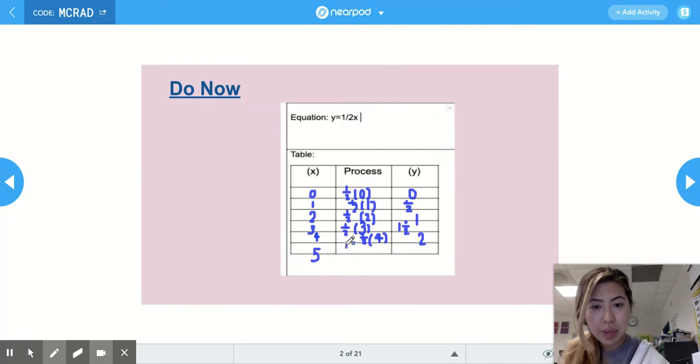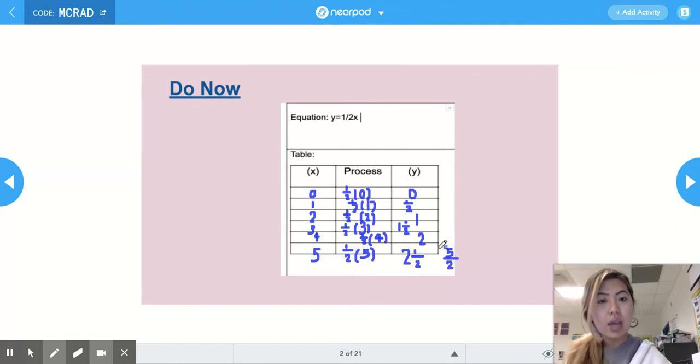And lastly, I'm multiplying half times 5, and that's going to be 2.5. So it's actually going to be 5 over 2, but once we convert this improper fraction to a mixed number, it will be equivalent to 2.5.